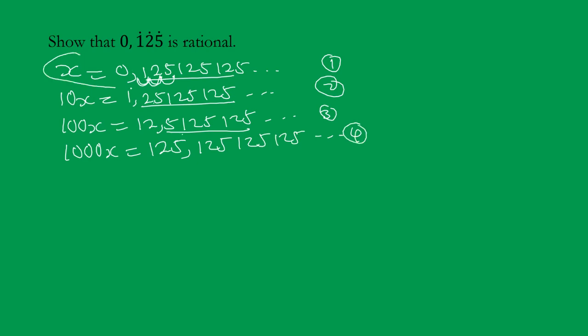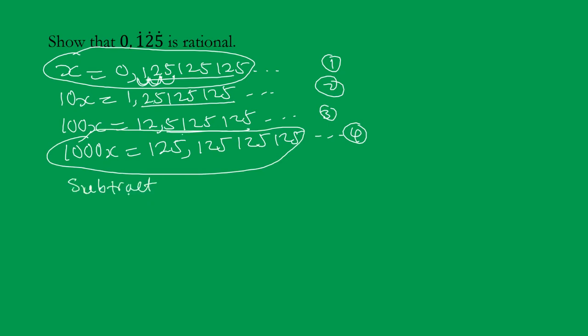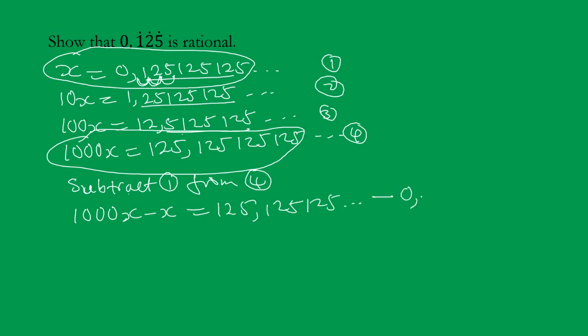And then if you check this, equation 1 and equation 4, the decimals after the comma are the same. So we can use equation 1 and equation 4. Subtract equation 1 from equation 4. Right, so it's going to be 1000x minus x is equal to 125, 125, 125 goes on like that, minus 0,125, 125 going on like that. 1000x minus 1x is 999x.